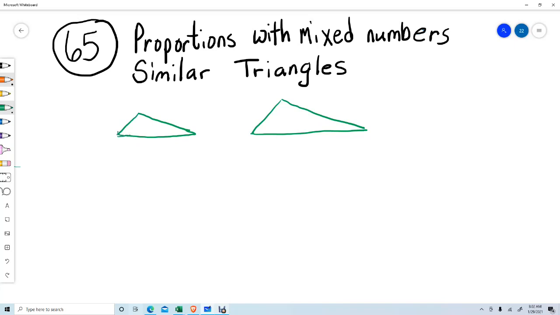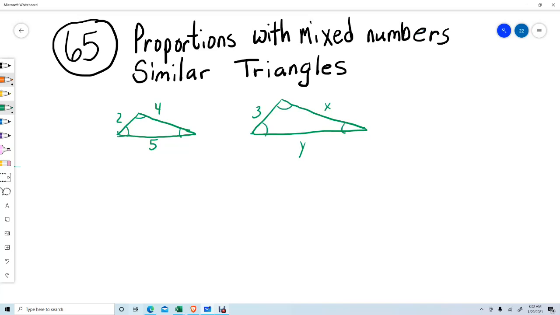All right, I'm going to label these sides 2, 4, and 5, and the sides of the other as 3, x, and y. Okay, if we look at these, every triangle, of course, has 3 angles.